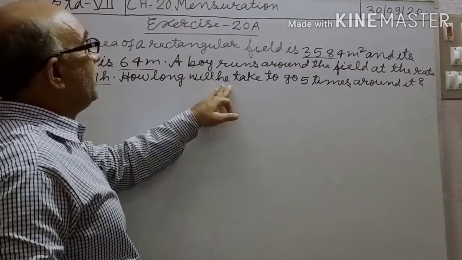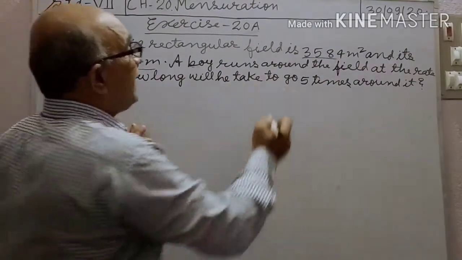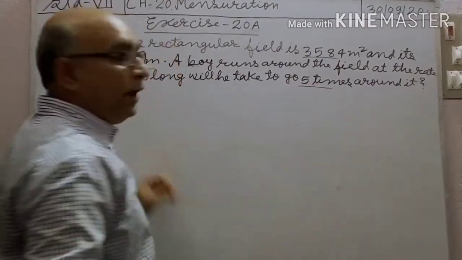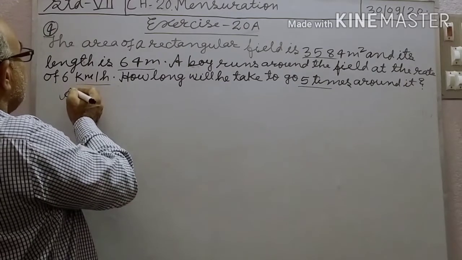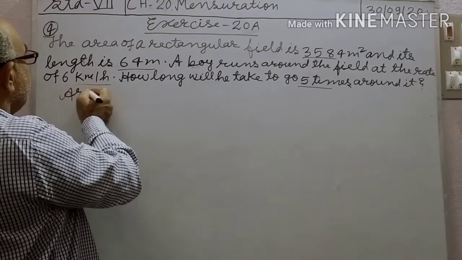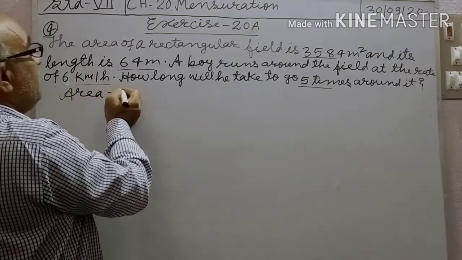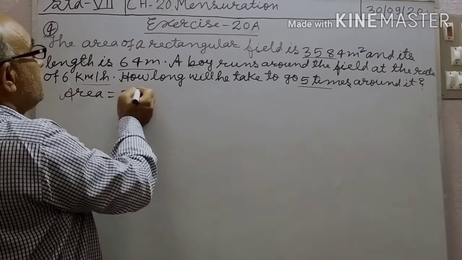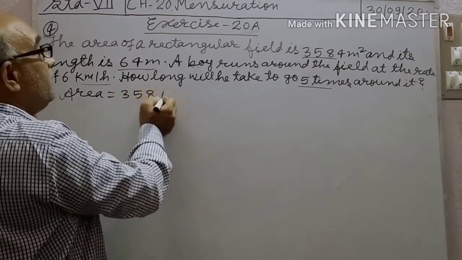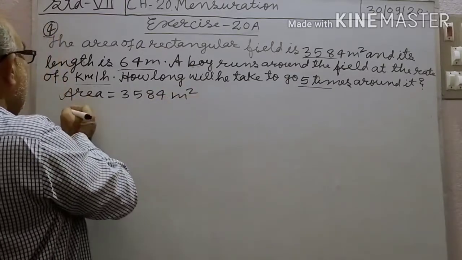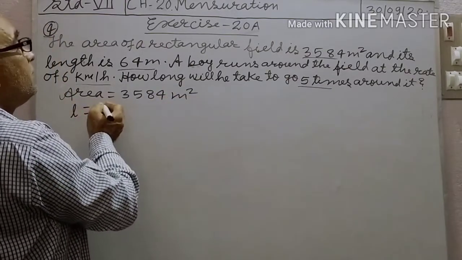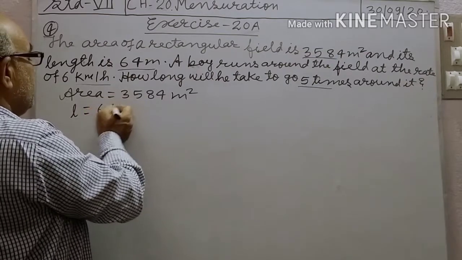How long will he take to go 5 times around it? So given in this question, area equal to 3584 meter square and length is 64 meter.